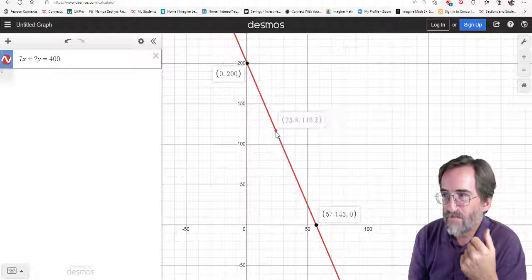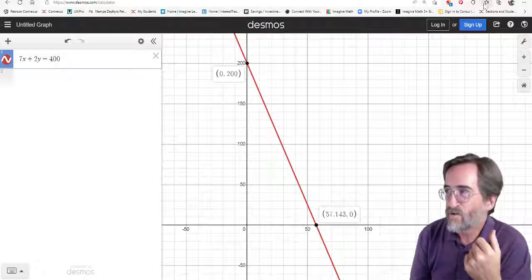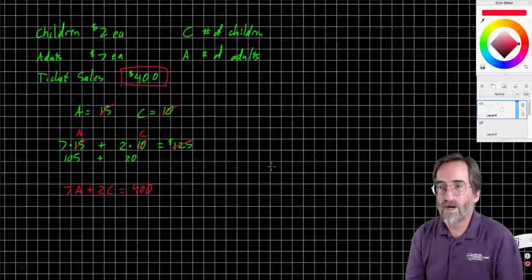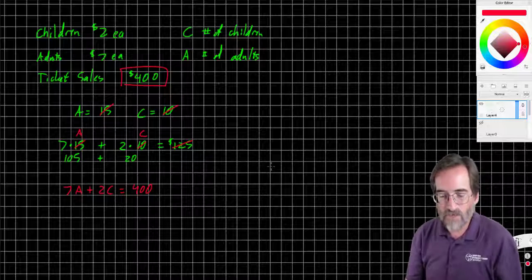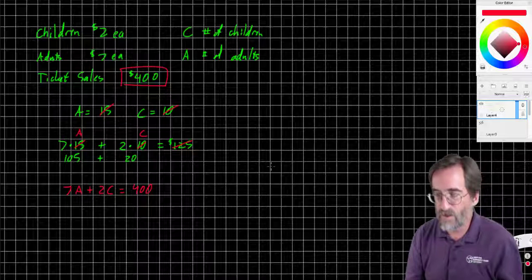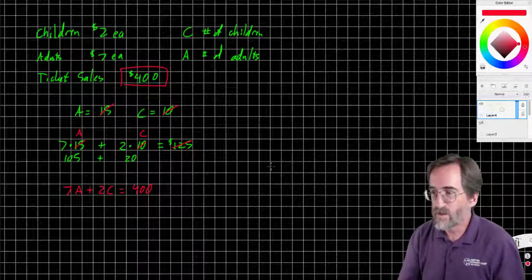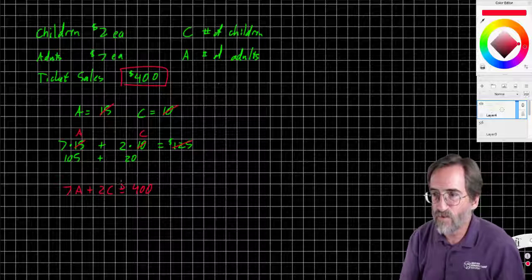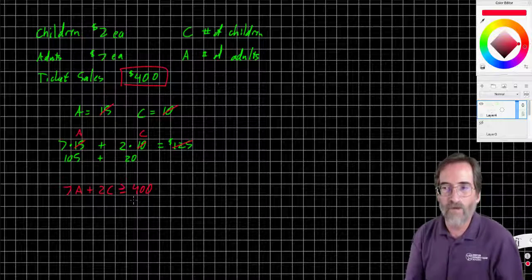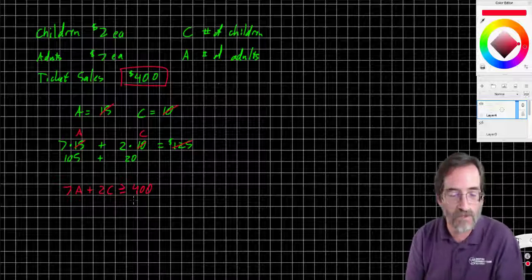There may be some whole number solutions, there may not be. Let's say our goal here was not that we're going to make $400, but we need to make at least $400. If we need to make at least $400, then this becomes greater than or equal to 400.